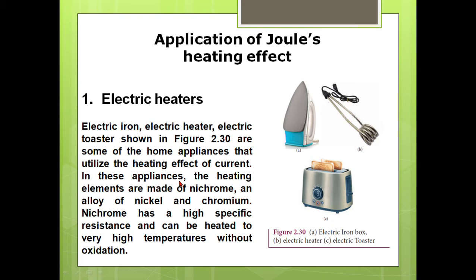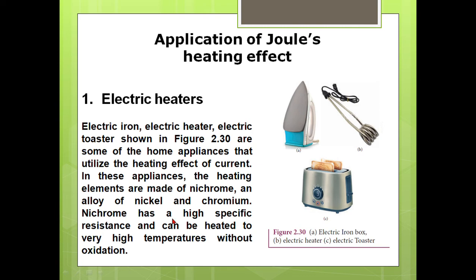In these appliances, the heating elements are made up of nichrome, an alloy of nickel and chromium. This is a very important point for your objective type question. Heating elements are made of nichrome, an alloy of nickel and chromium.